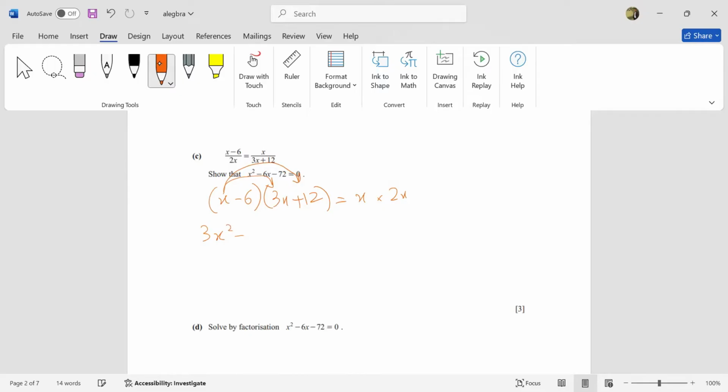Now the turn of the second one, the sign of 6 is minus and the sign of 3 is plus. So minus multiplied by plus is going to give us minus. 6 3s are 18x. Now this minus 6 is going to multiply with 12. So minus plus is minus and 6 12s is 72.